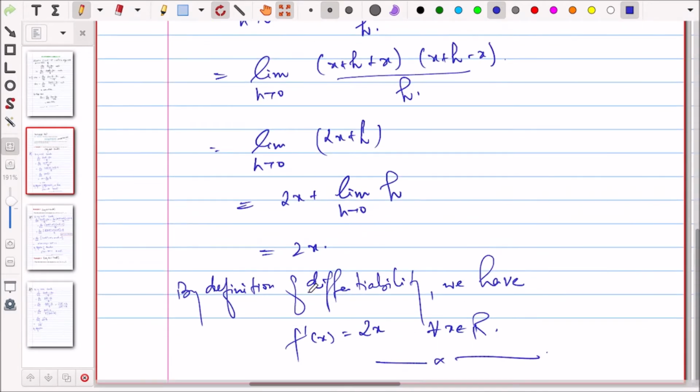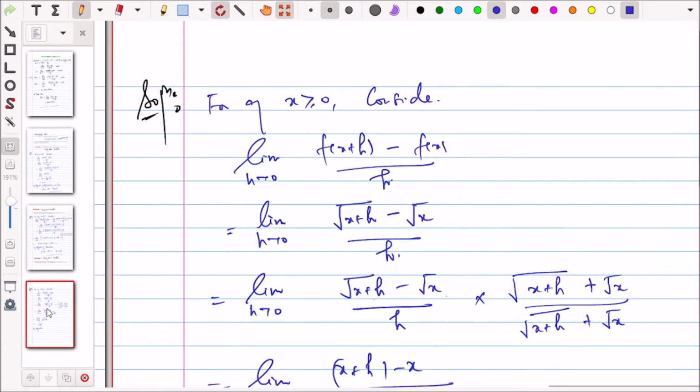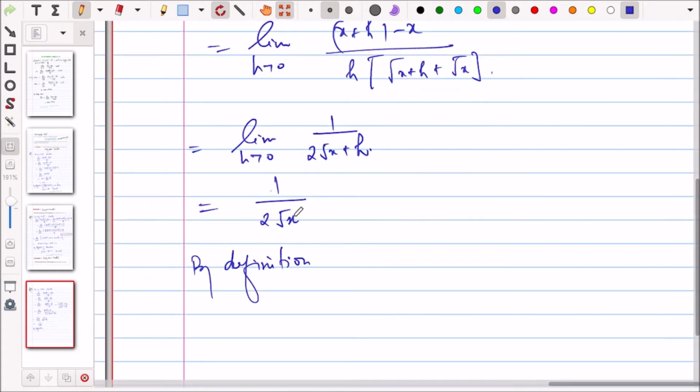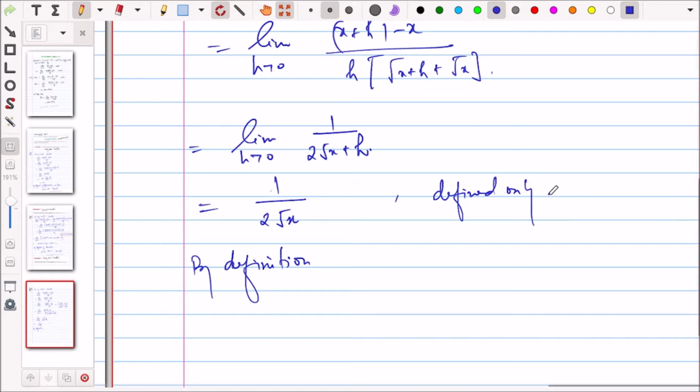So that's why we wrote x belonging to R. But this limit is defined only when x is positive, because it is not defined at 0, right? This is defined only if x is strictly greater than 0.